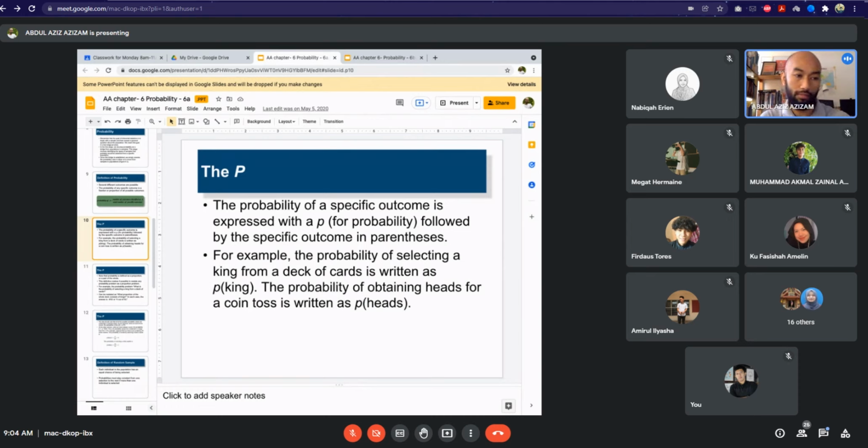Contohnya you ada 3 player, okay, dah keluar 9 card, dia ada 43 kad lagi. So 43 kad, probability untuk you dapat new card tu berapa.